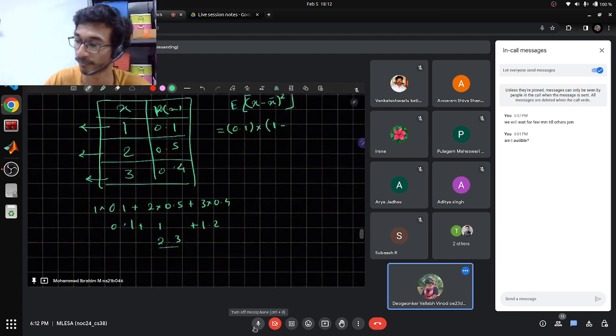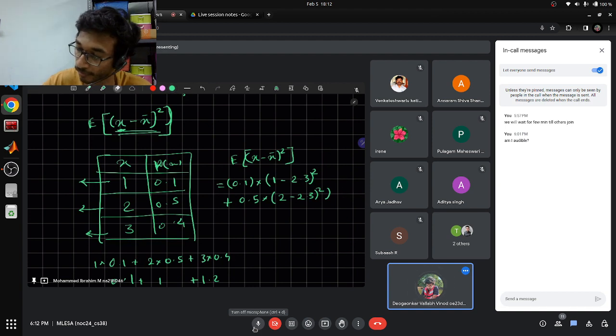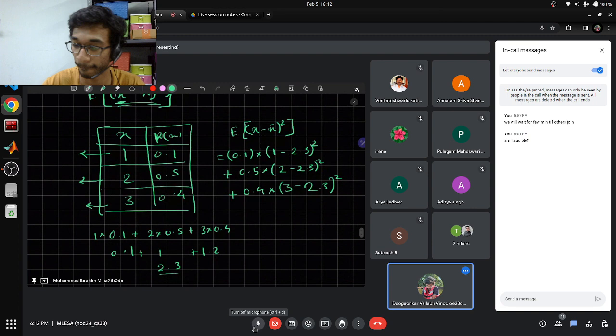So (1 minus 2.3) whole squared times 0.1, plus 0.5 times (2 minus 2.3) whole squared, plus 0.4 times (3 minus 2.3) whole squared. Is this making sense? What I have written here in the red box.